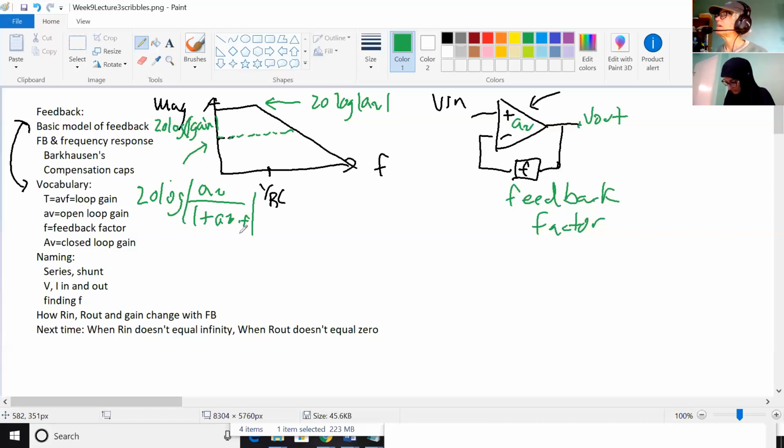So whatever the gain of your op amp is, it's divided by 1 plus the gain of your op amp times your feedback factor. And you've seen non-inverting op amps.